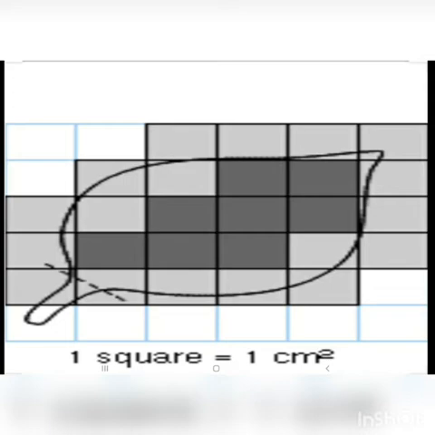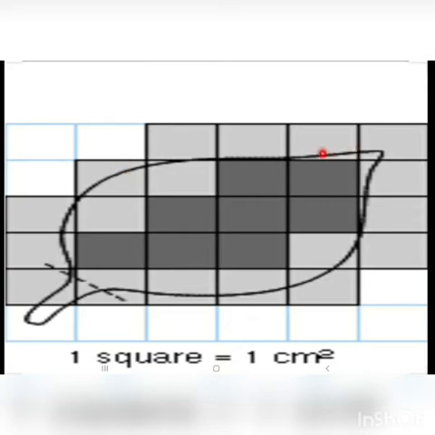11 squares are there. Now, among the other squares, here we can see only half portion, here also half, here also half. Here also, not half but a bit less than half, but we are taking it as half.